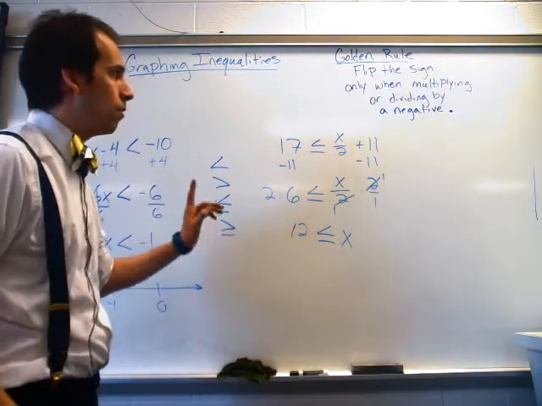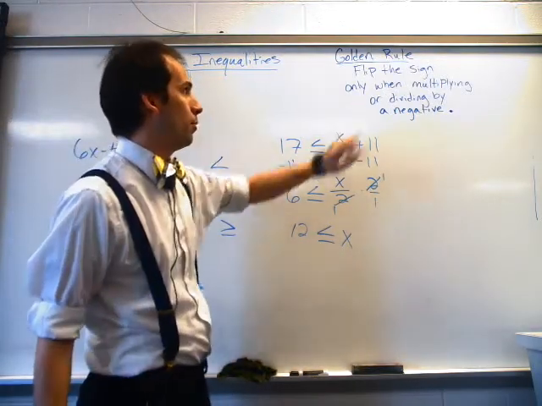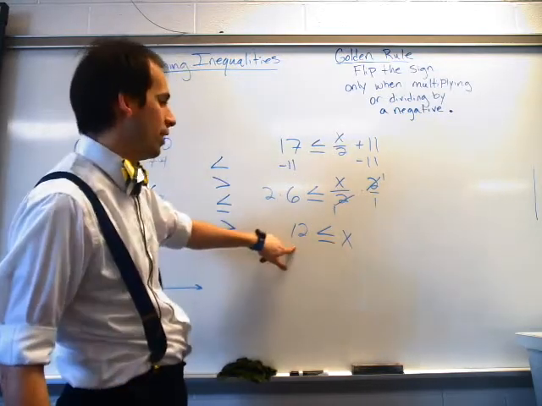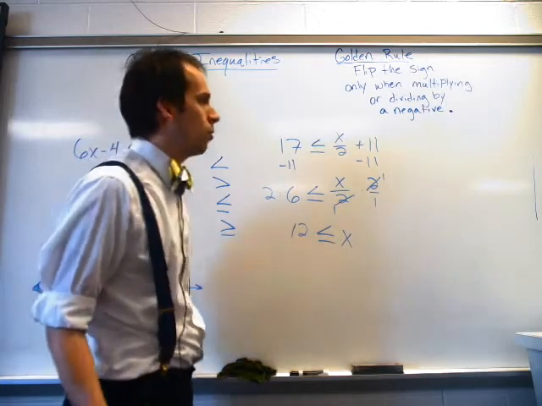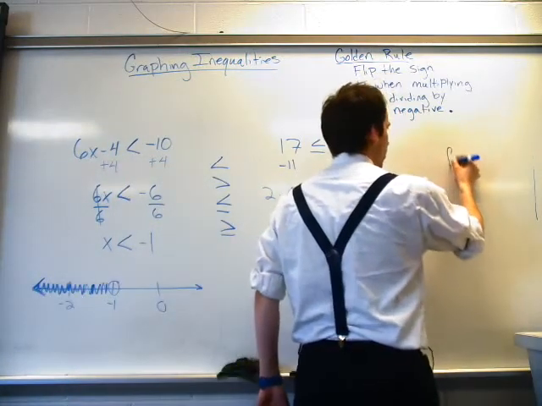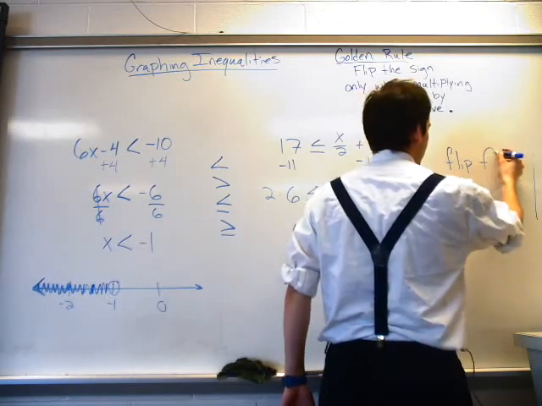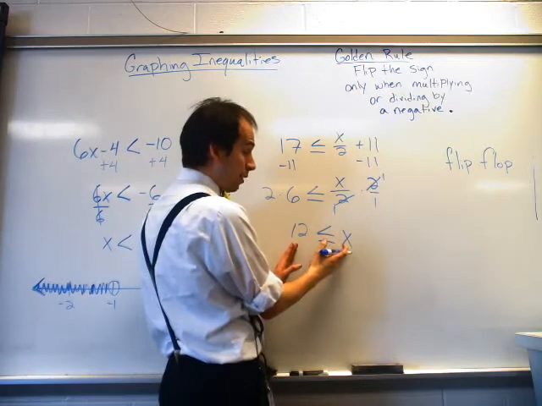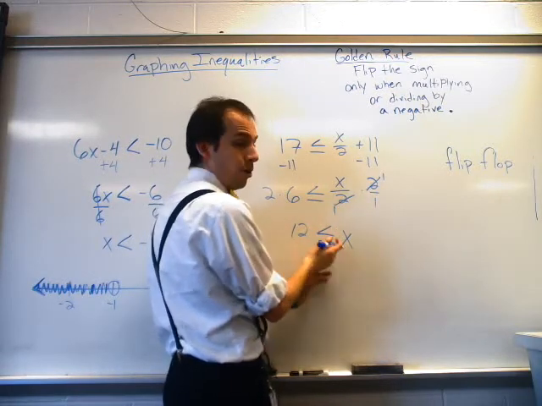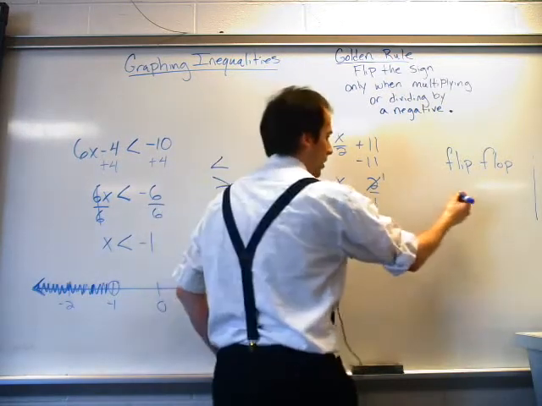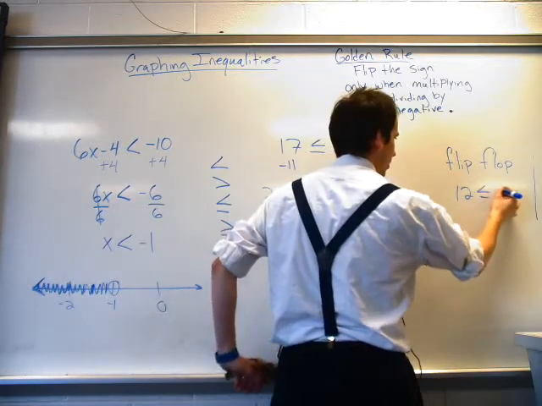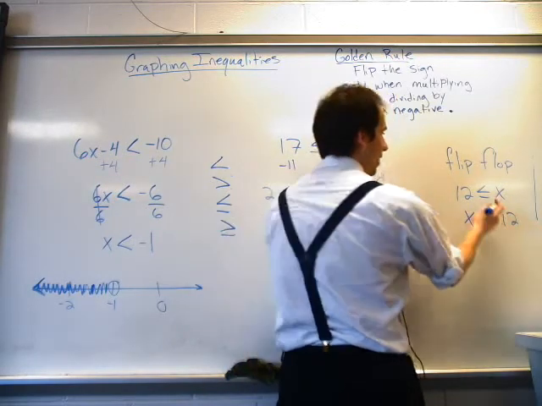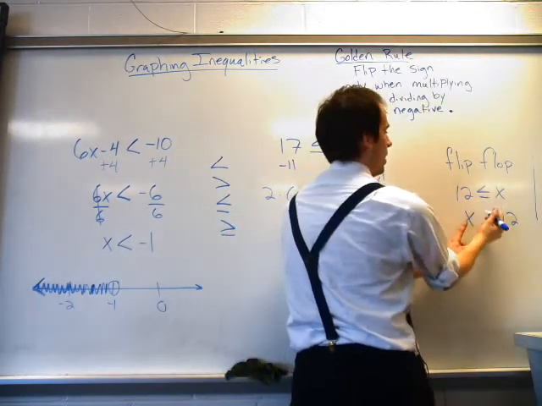Now here's one more place where I would probably flip the sign. To read this a lot better, it's easier to read if the variable is on the left side. So what we're going to do is called flip-flop. I can actually flip the number and the variable as long as I also flip the sign. So instead of 12 less than or equal to x, I'm going to write x and 12, and I flipped those, so I'm also going to flip the sign.